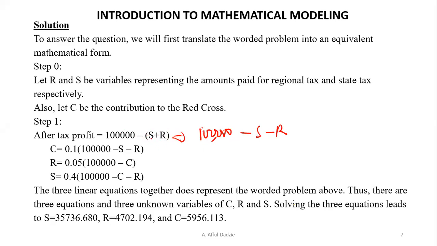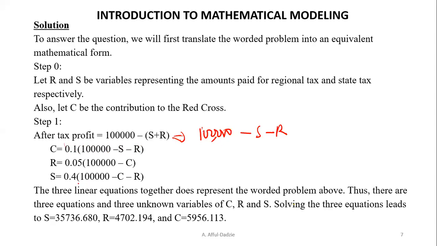So the first thing says it has agreed to pay 10% of its after tax to the Red Cross Fund. It means that 10% of whatever is left after we have taken out the state tax and then the regional tax, whatever is left, 10% goes to the Red Cross Fund.